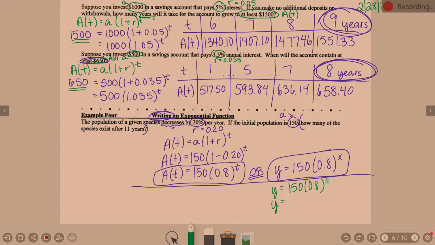Grab the calculator, do the button pushing. And it's a big long decimal, isn't it? 12.88490189, and so on and so forth. What would be an appropriate response here for an answer?